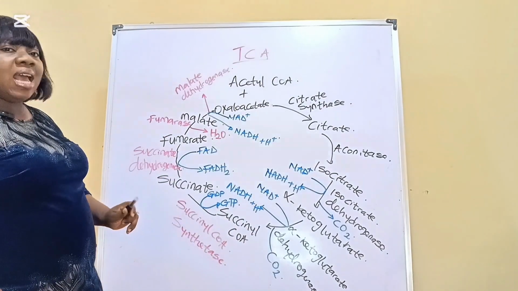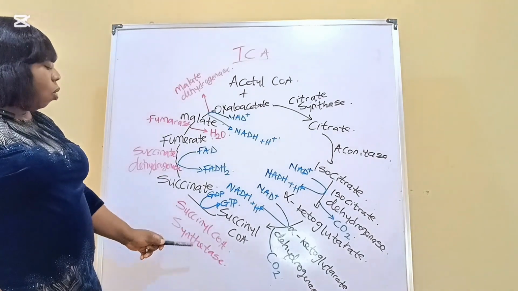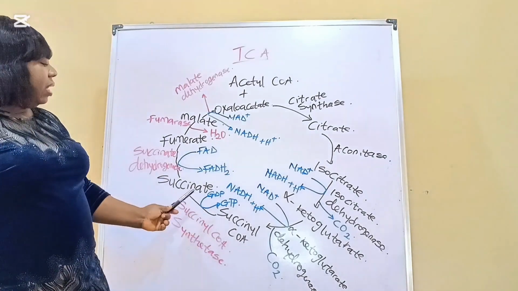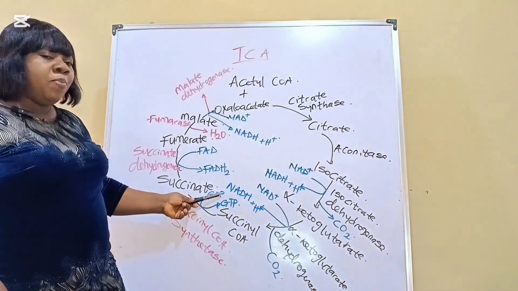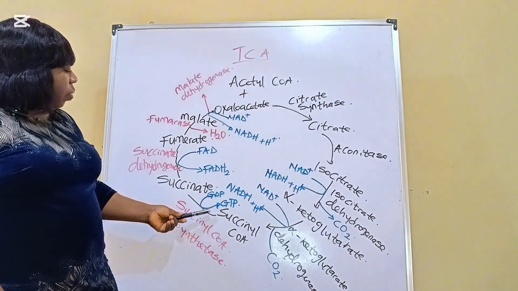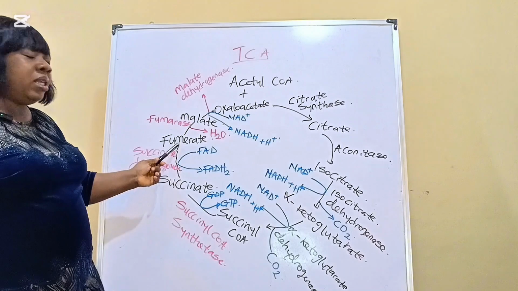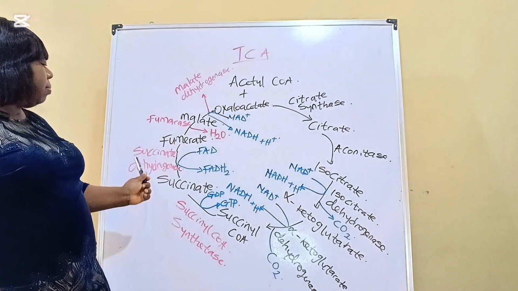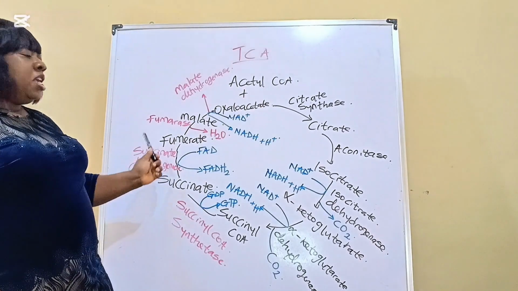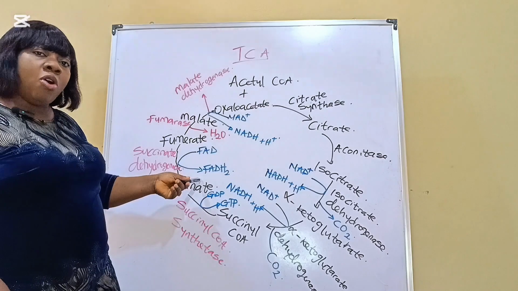The enzyme that catalyzes that reaction is succinyl CoA synthetase, and here GTP is produced. Moving on, succinate is now converted to fumarate with the help of our enzyme succinate dehydrogenase, giving us another electron carrier.